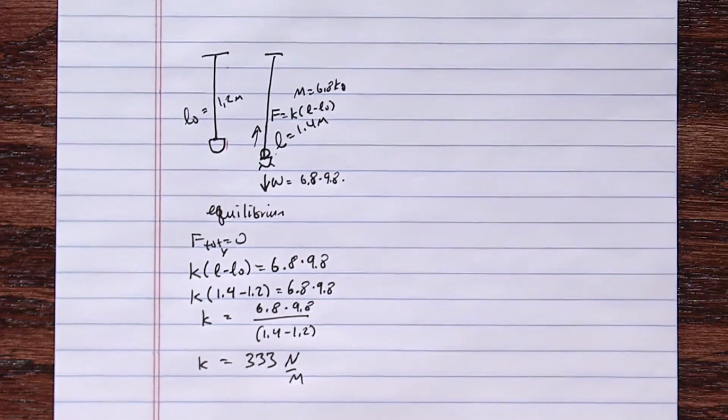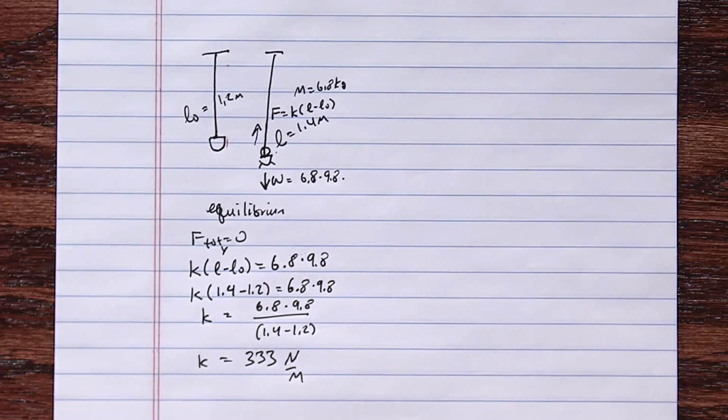So the spring constant of the elastic cord is 333 newtons per meter.